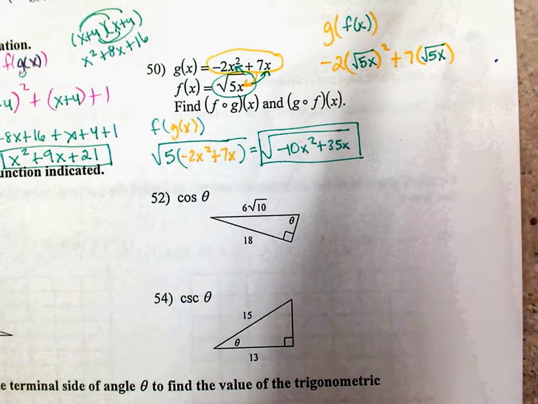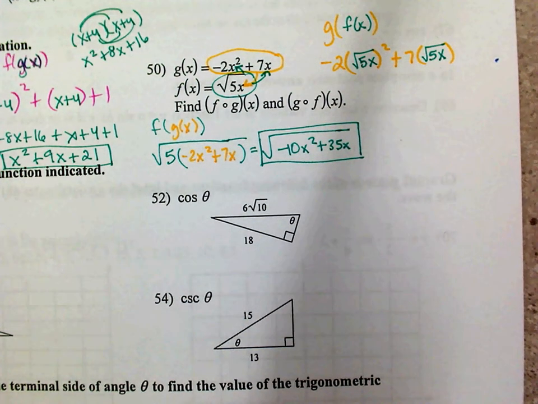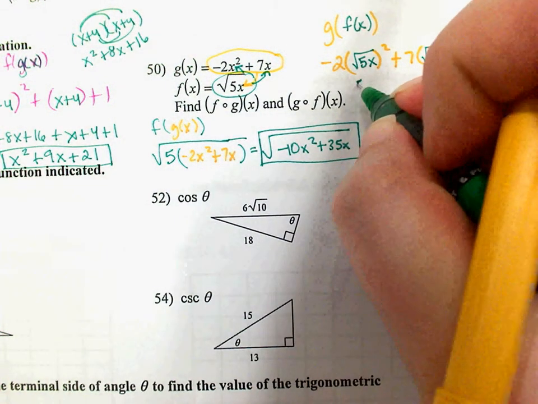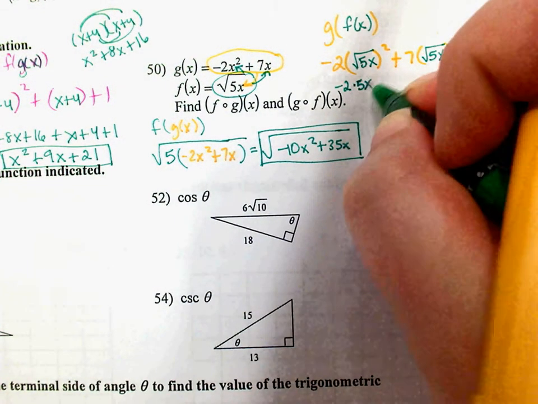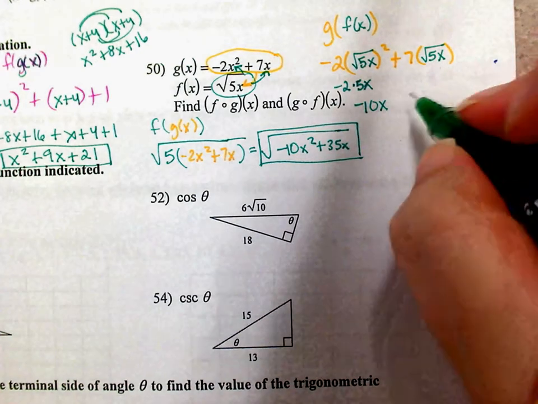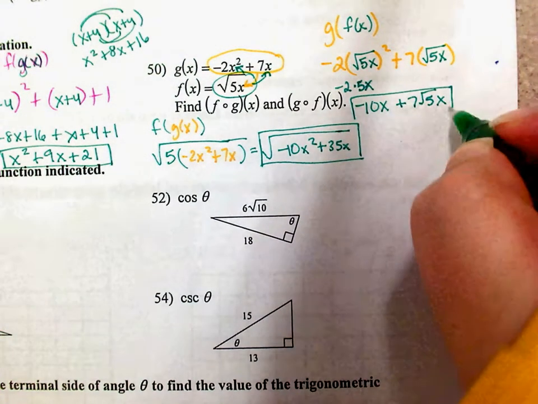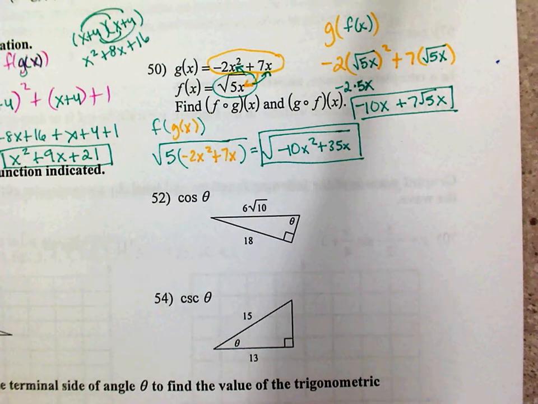What is the square root of 5x squared? Is it just 5x times negative 2? So negative 10x plus 7 square roots of 5x. You could factor out an x if you wanted to, but not necessary. That's all you can do.